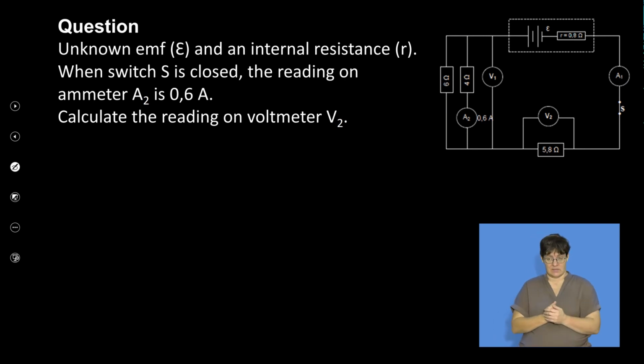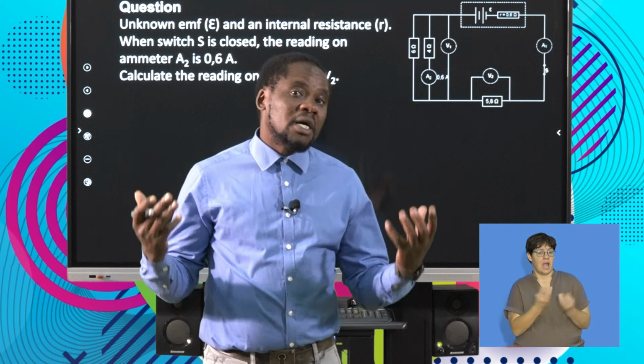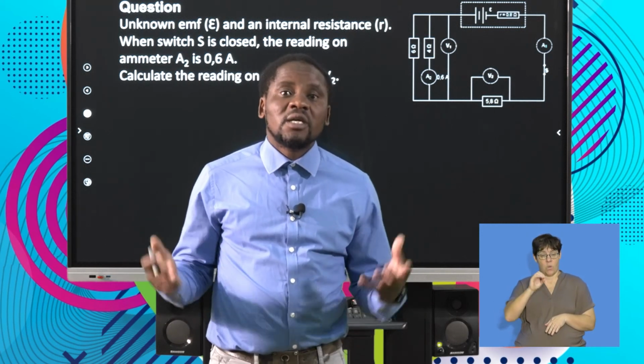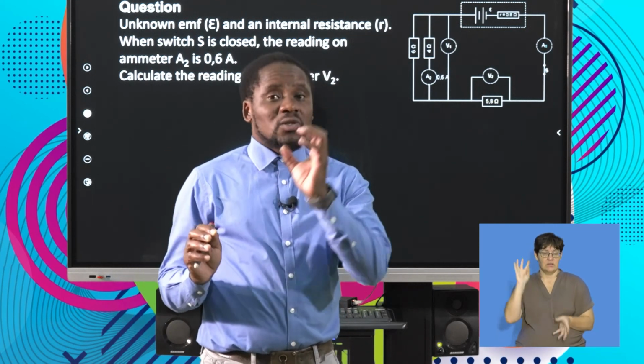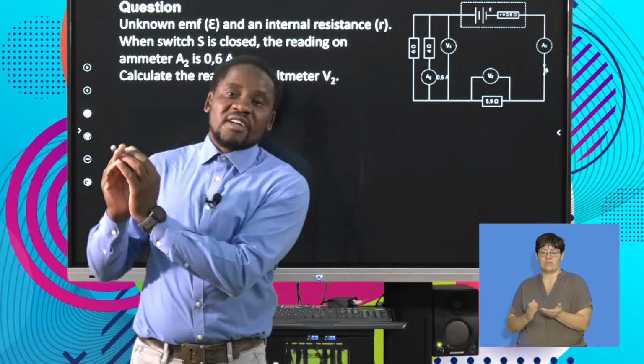Right. There are some very critical questions that we need to ask ourselves. Are we in a position to get the amount of current through the 5.8 ohm resistor? Yes, indeed, because that is in series with the battery. It means the total current passing through the battery equals the current passing through the 5.8 ohm resistor.